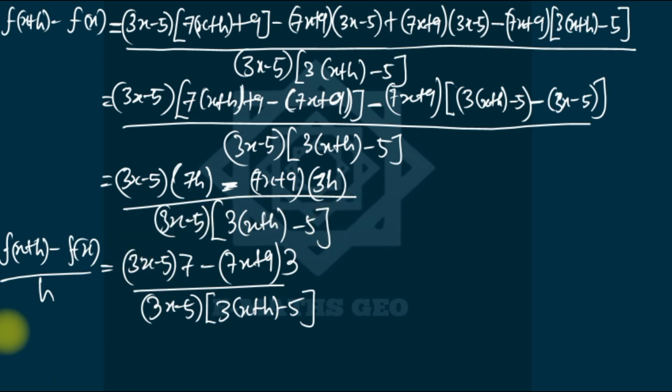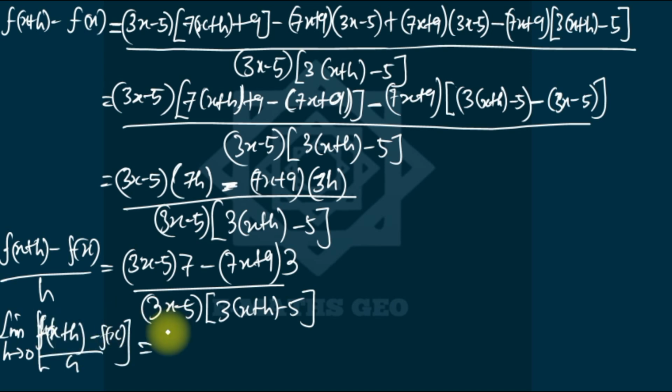So the next step is to find the limit. Therefore, the limit as h tends to 0 of f of x plus h minus f of x over h. That's what we are required to solve, which is the same as the limit as h tends to 0. Remember, it's a product.